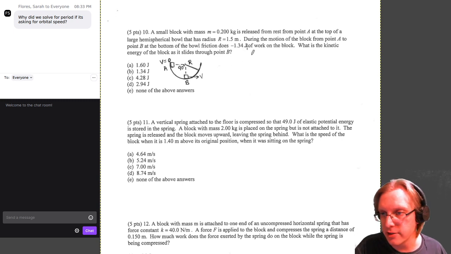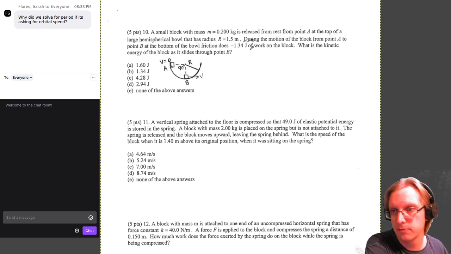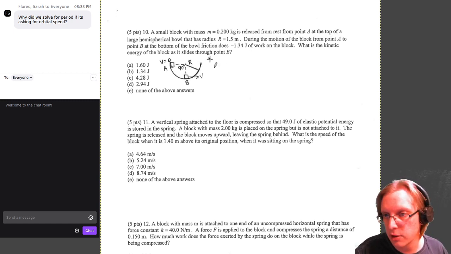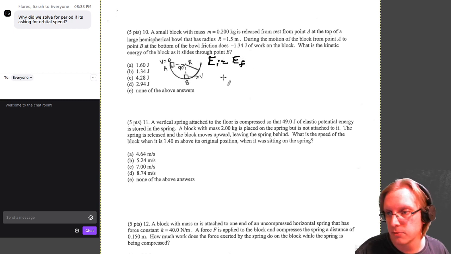And the reason they told us this is because figuring out friction here is going to be a pain in the butt and would have to be done by calculus, and we are not calculus based, so we're not doing that. All right. So energy initial is equal to energy final. Our initial energy is the initial potential. Our energy final is that kinetic energy that we're looking for, plus the work of friction.